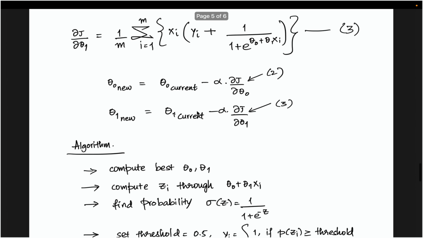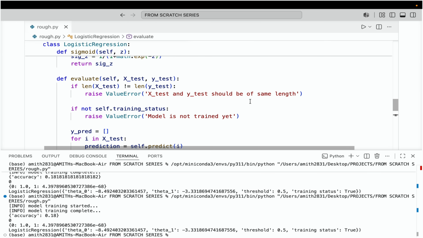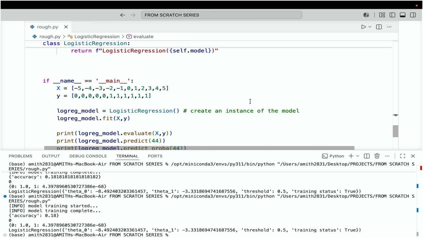Implemented the algorithm properly. Okay, I think I put a minus.